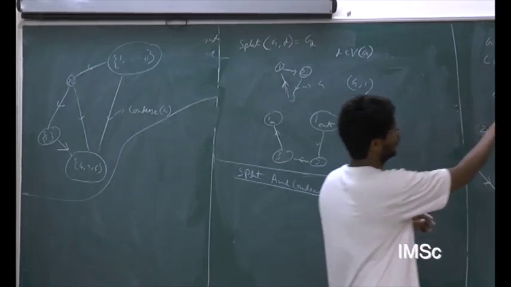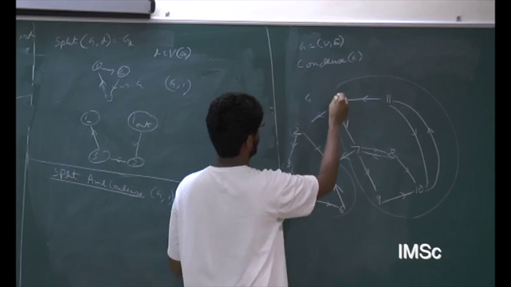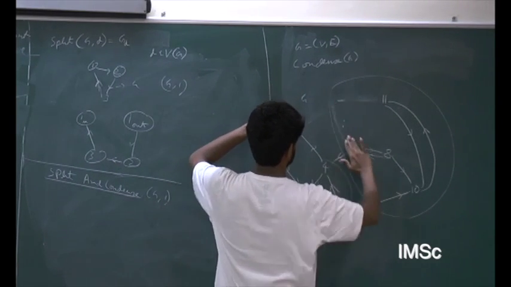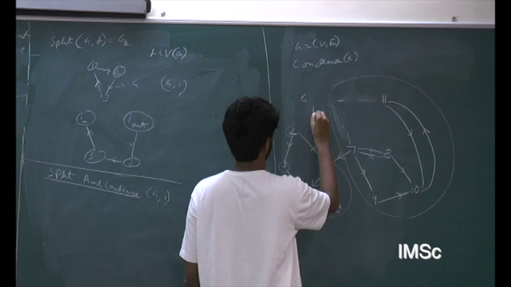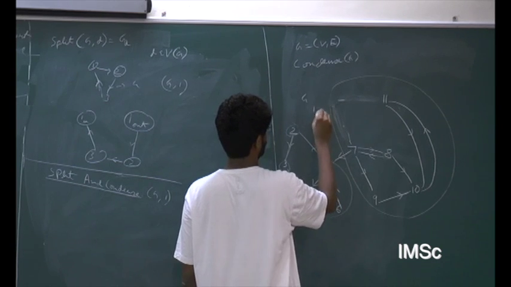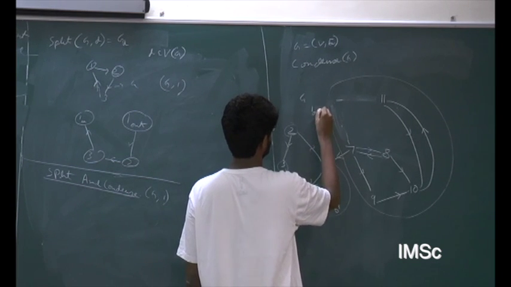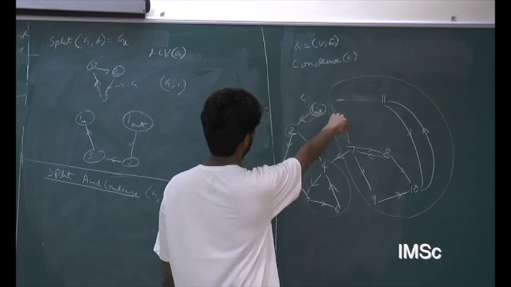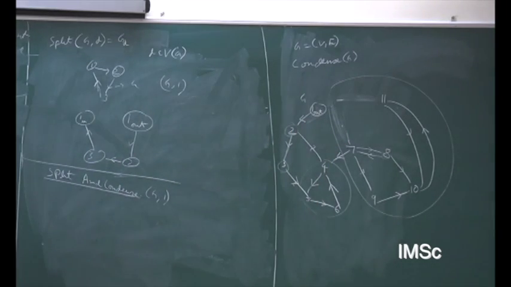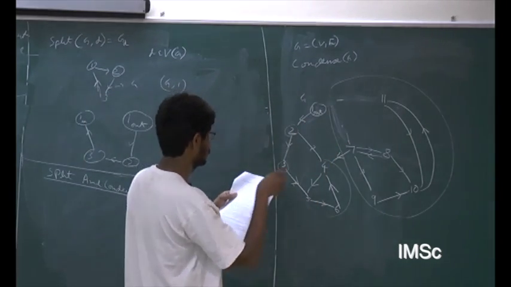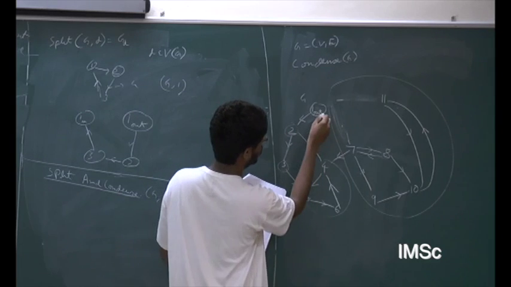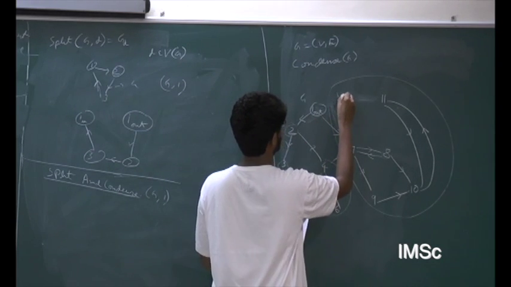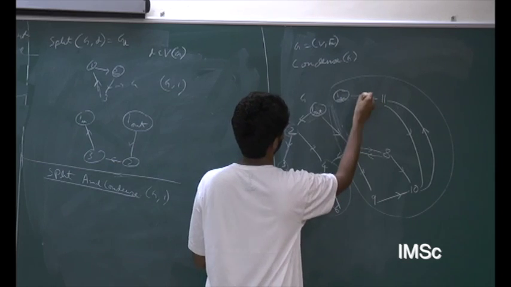Instead of this 1 here, we have 1 in, we have 1 out. So 1 out goes to 2 and it goes to 7, and 1 in has an edge from 11.